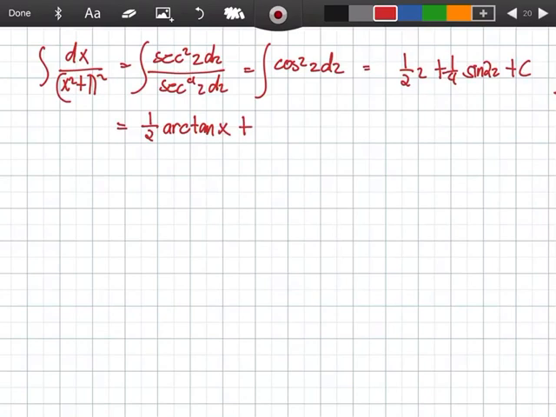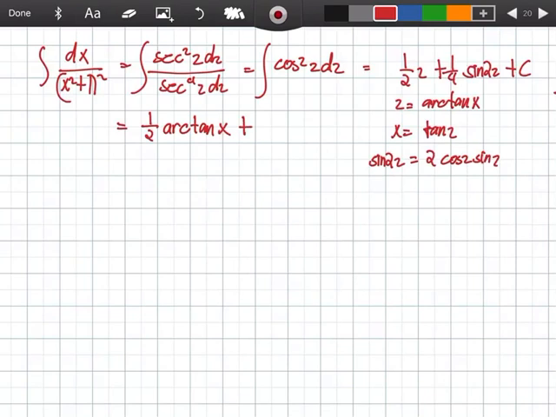So, what is sine 2z again? If z is equal to arctan x, and x is equal to tan z, what is sine 2z? Sine 2z is equal to 2 cosine z sine z. Right?